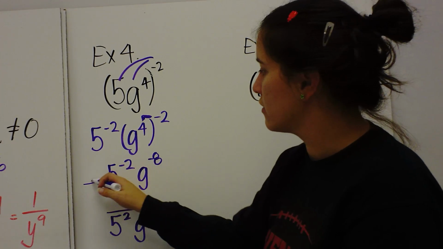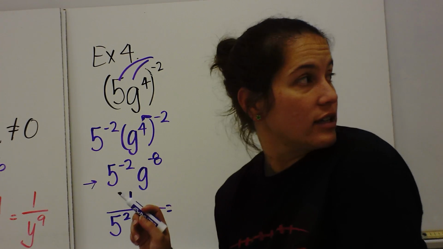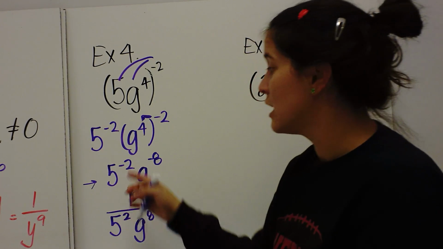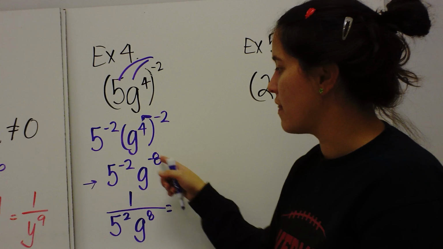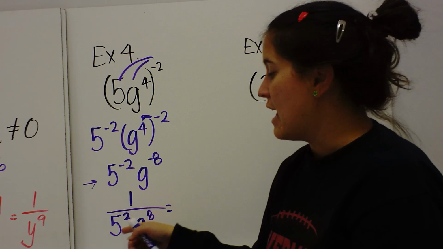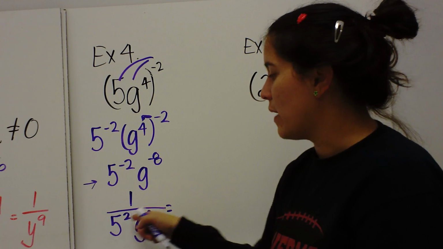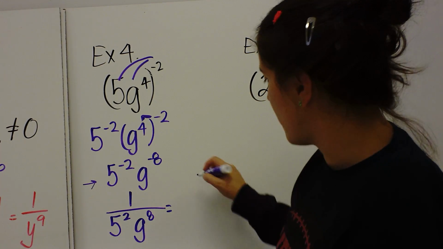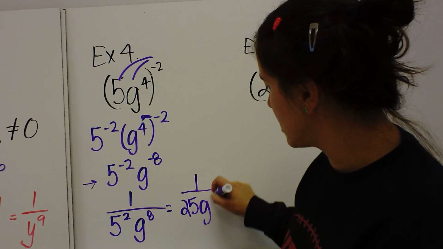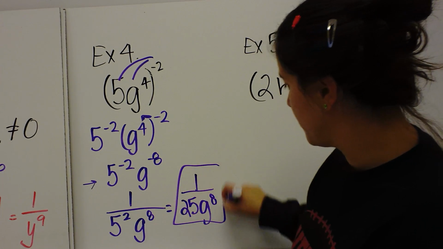But notice right here, I've got negative exponents, and you can't have negative exponents, so I have to move both of them to the bottom. So I have a numerator of 1. And now that I have it on the bottom, now they are positive, and I can simplify. 5 squared is 25g to the 8th power.